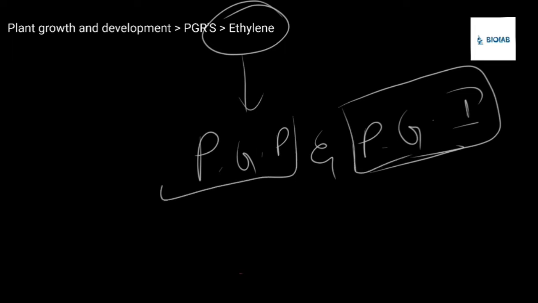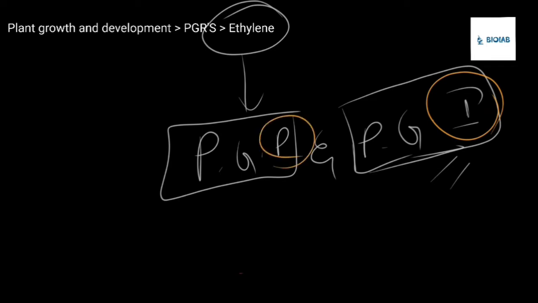It acts as both. But why did we include it under plant growth inhibitors? The reason is that it has more functions as an inhibitor when compared to the functions in which it acts as a promoter. So that is why we put ethylene into the PGI group. It has both the PGP and PGI functions.